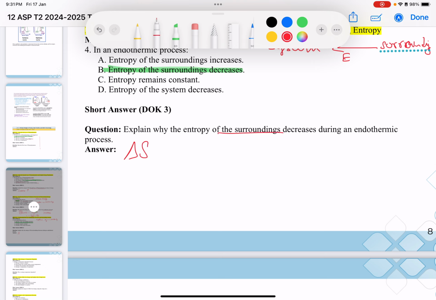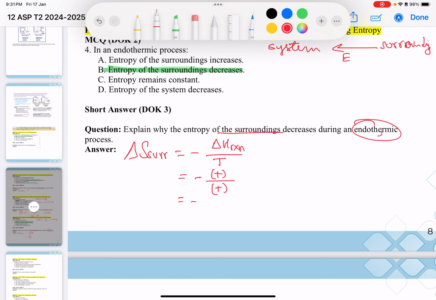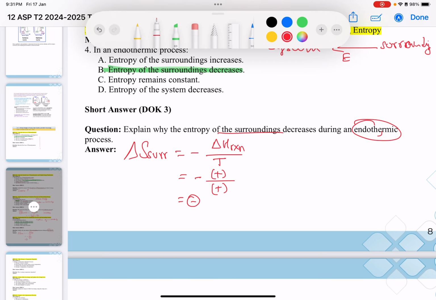The entropy of the surroundings is the enthalpy of the system divided by temperature, so there's a negative in the formula. For an endothermic process, the enthalpy is positive and the temperature is positive, so the value of the entropy of the surroundings will be negative. A negative value means that it is decreasing.